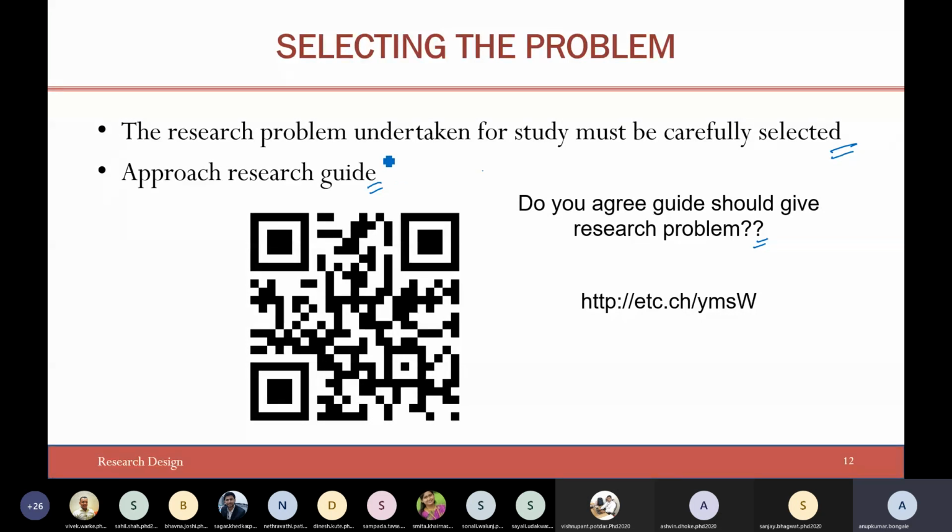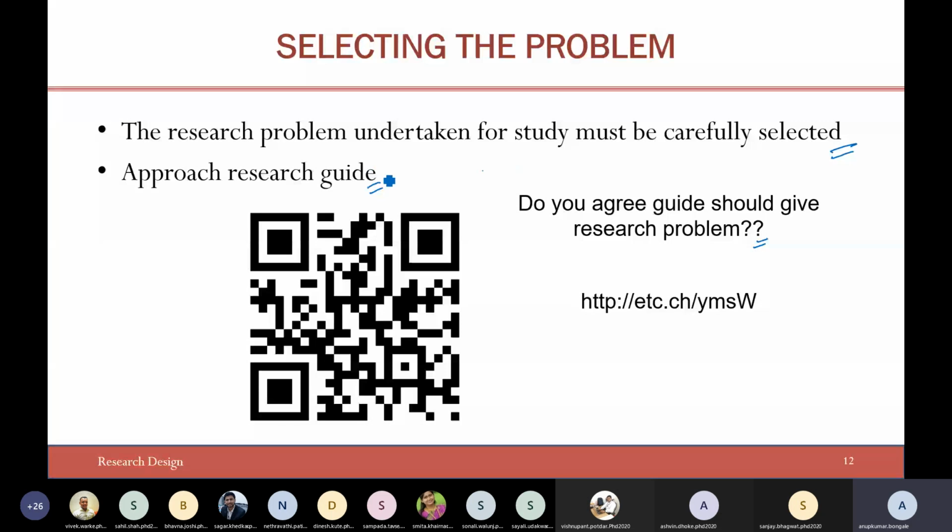So it is up to the researcher, and the researcher should also check the comfort zone, whether he or she will be able to carry out research in that particular area or not.